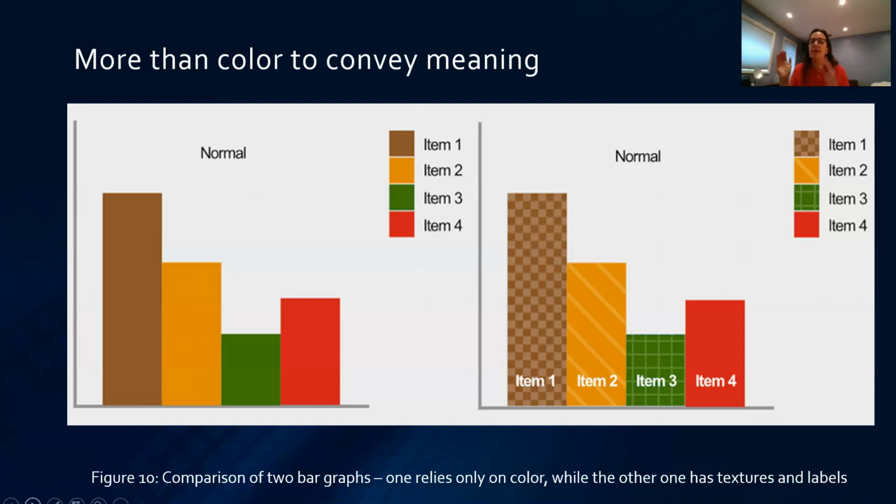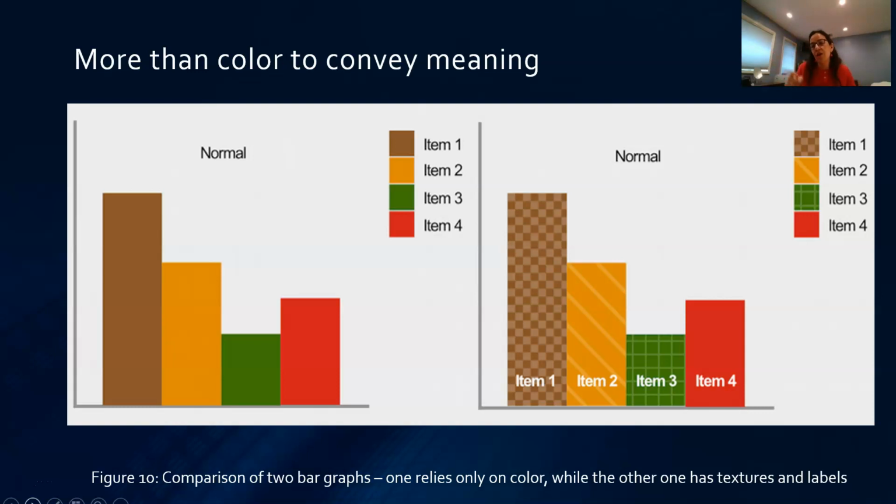In this case, there's a very similar bar graph, but each bar, in addition to having a different color, also has a different texture or pattern. So the first bar has squares, like checkers, the second one has some diagonal bars, the third one has a grid, and the fourth one is a solid color.